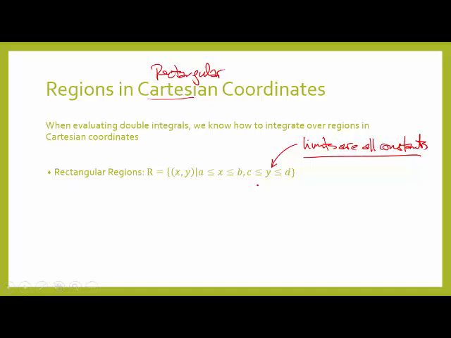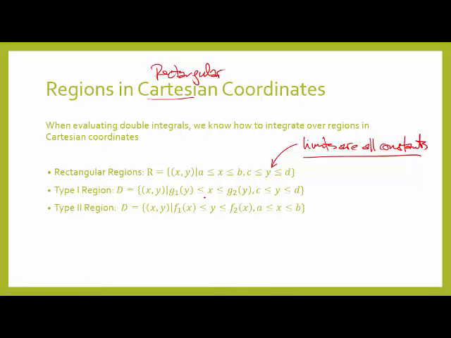From there, we took it to another level where we're looking at general regions. In most books, they call these regions type 1 and type 2. I don't really remember which type is which, but one type goes through the x values first.